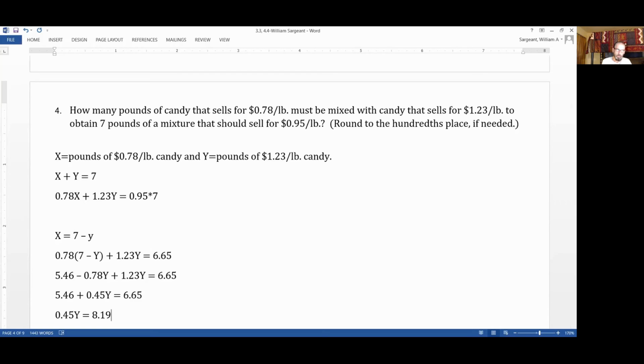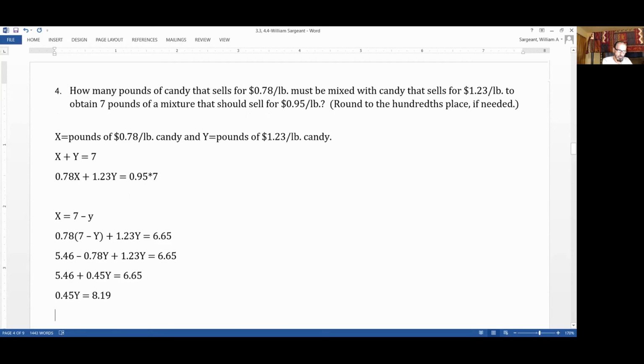Subtract 5.46 from that to get 1.19. Divide that by 0.45.